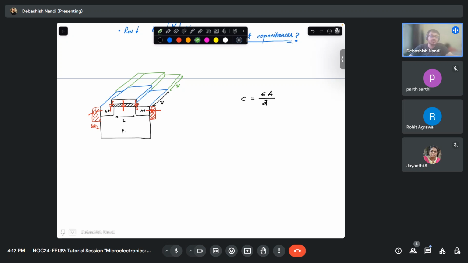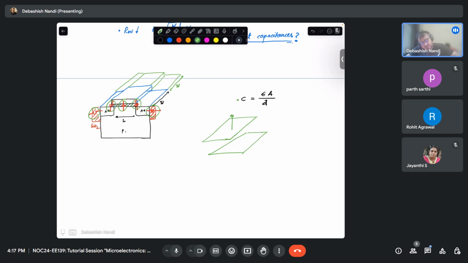So to reduce your R on, you have increased your W by L. So if you increased your W, what you are doing essentially to these capacitances, you are increasing the parallel plate area, right?